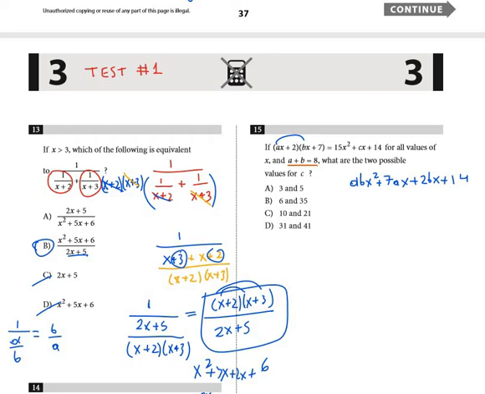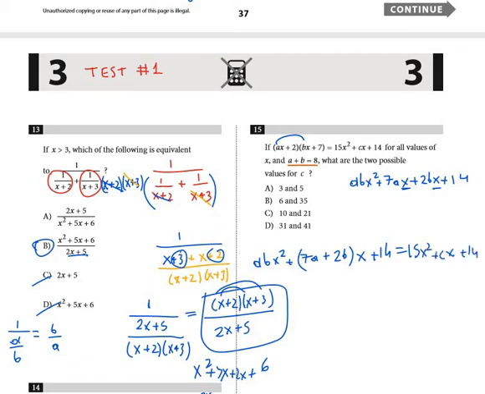Here we have only x parts, like terms. So it's going to be abx squared plus 7a plus 2b times x plus 14 equals this expression, which is 15x squared plus cx plus 14.